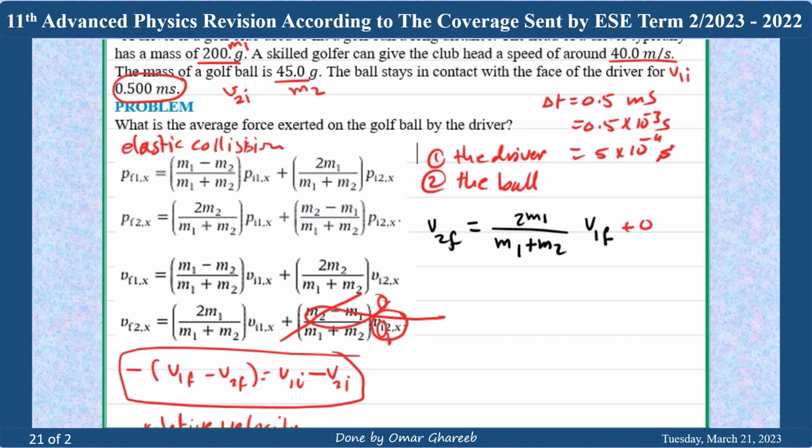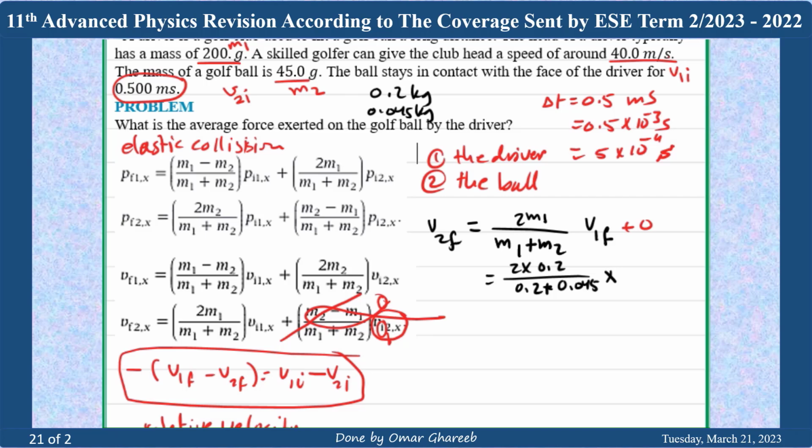Now substitute. The mass of the driver is 200 grams, which becomes 0.2 kilograms, and 45 grams becomes 0.045 kilograms. So 2 times 0.2 over 0.2 plus 0.045, times V1 initial.